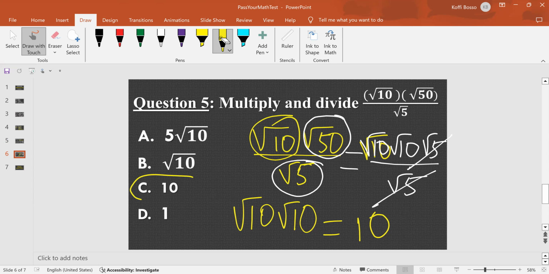So the correct choice is C. Yes, I understand that square root of 10 multiplied by square root of 10 is square root of 100. And square root of 100 will give you again that regular 10, because 10 multiplied by 10 is 100.